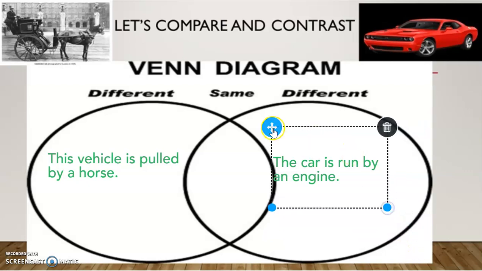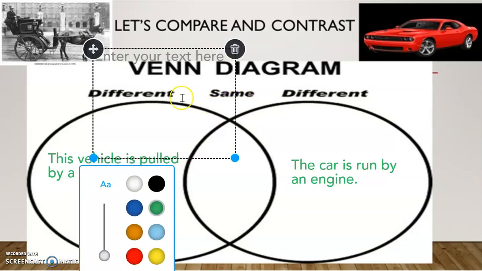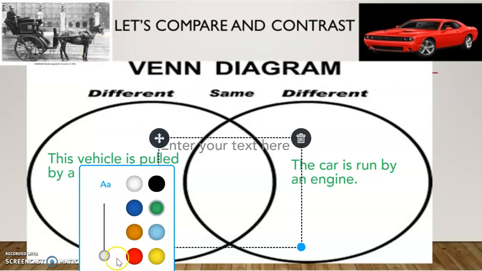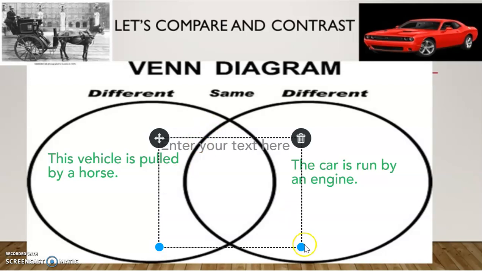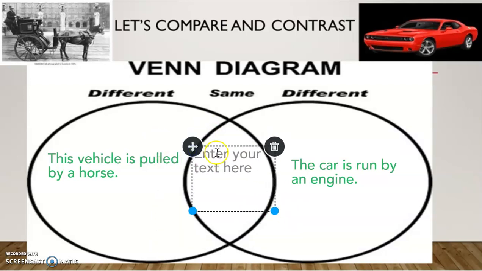And then let's think about how the vehicles are the same. Let's grab another tool here and come in the middle where we have the same. How is the horse and buggy and the car the same? I think you're right. I'll say the same thing.